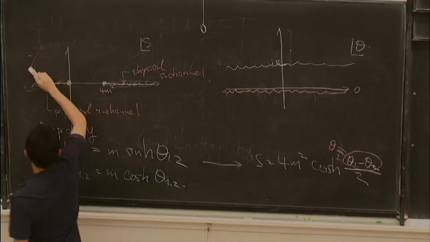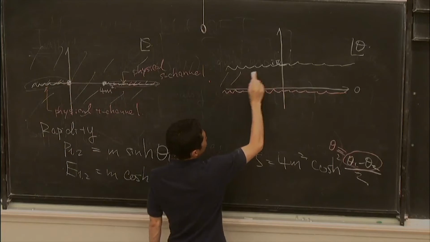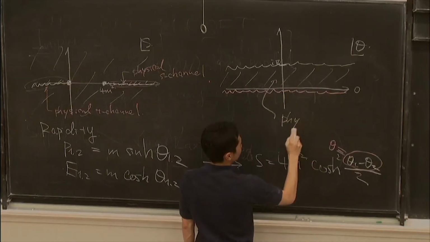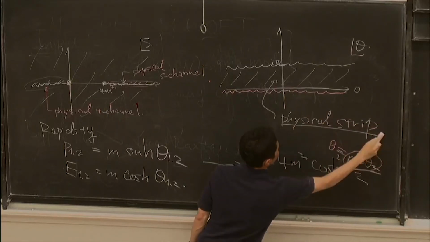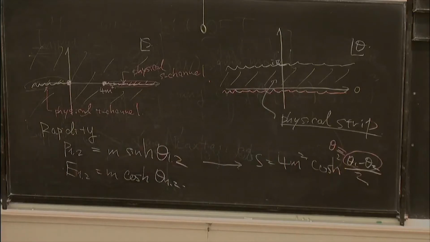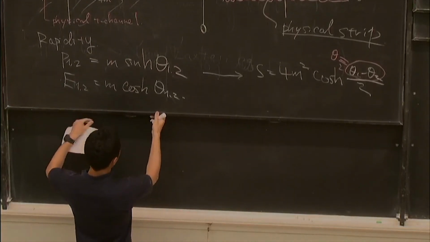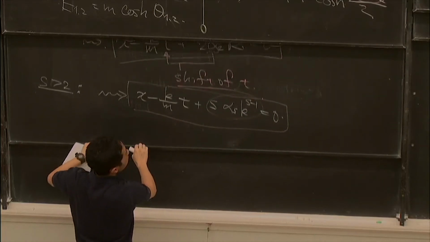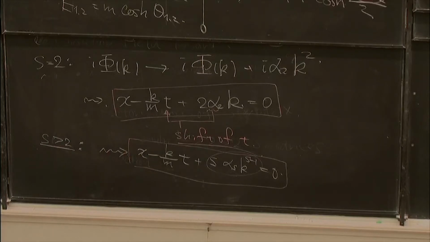The whole outside on the first sheet is mapped to this strip, which is often called the physical strip. Of course, this doesn't have any deep physical meaning. It's just a convenient way of parameterizing the Mandelstam variable, and I'm going to use this variable for the rest of my lecture.